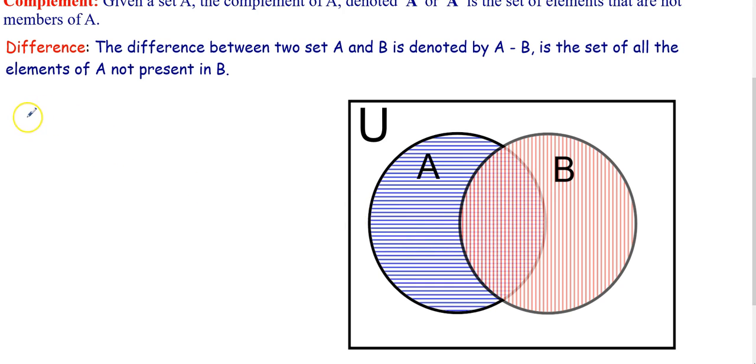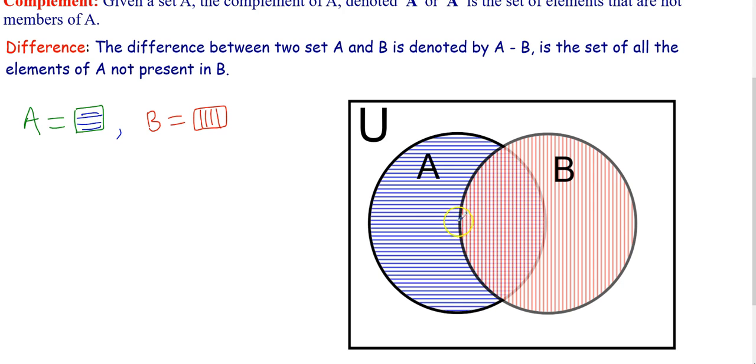Your A is those horizontal lines you have. And set B, you have all vertical lines. So this whole thing is set A and set B.